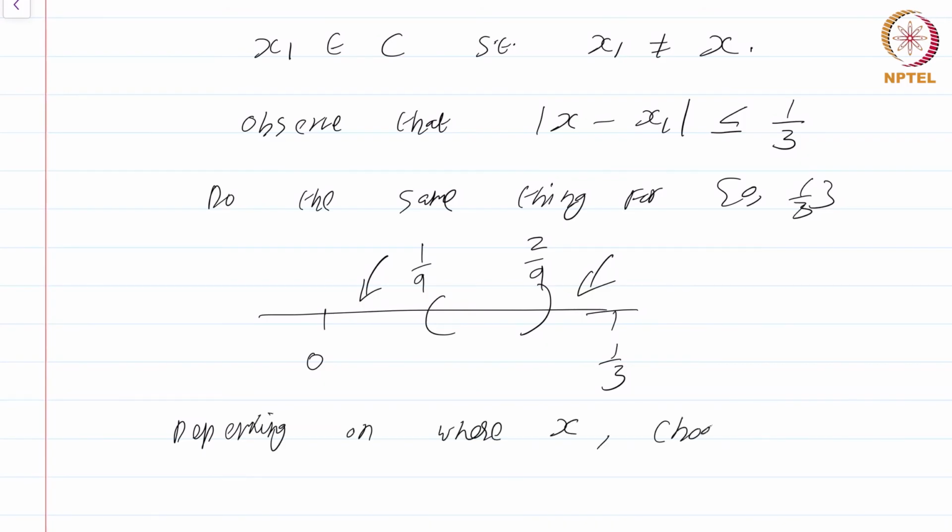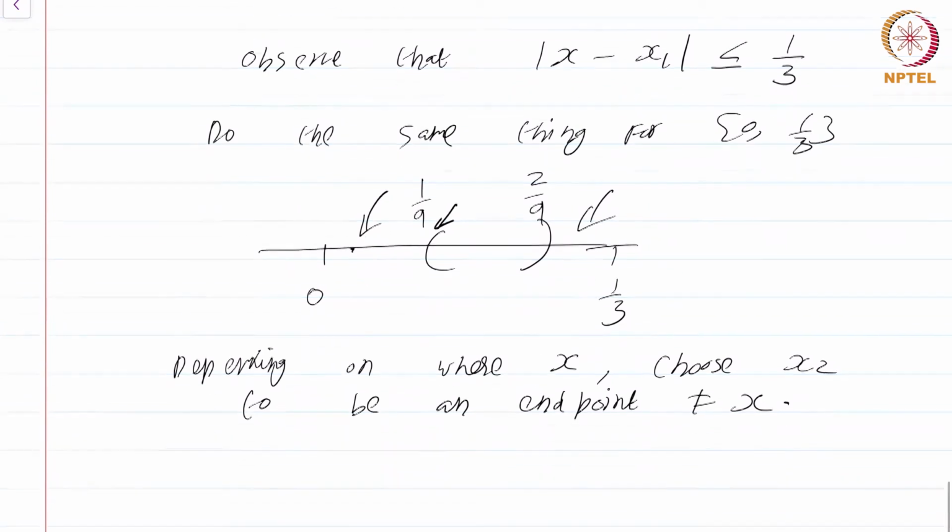Choose x2 to be an endpoint not equal to x. So if x was actually somewhere here, you could have chosen this 1 by 9 as the choice of x2.